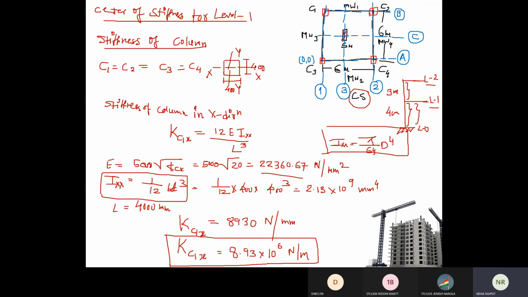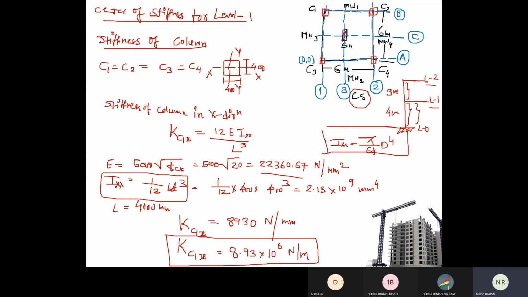is the stiffness of the columns available in grid A. This is your grid A. So total stiffness of columns available in grid A. How many columns are available in grid A? 2 columns. This is column number 1, 2.